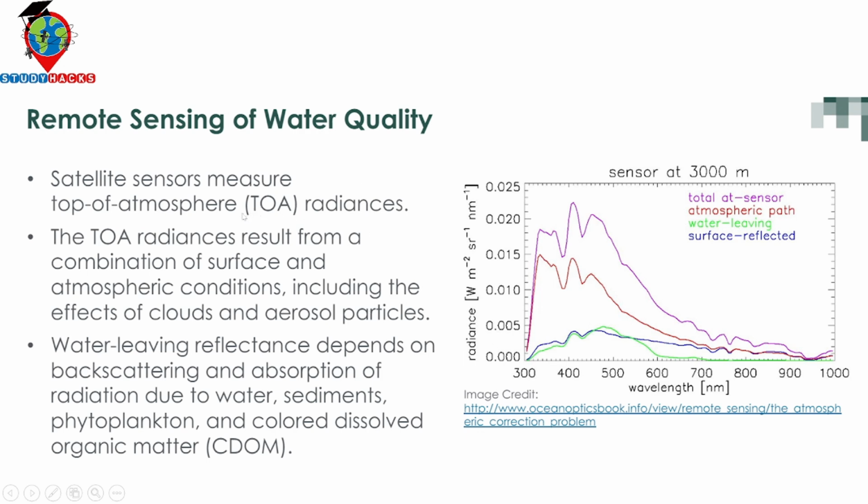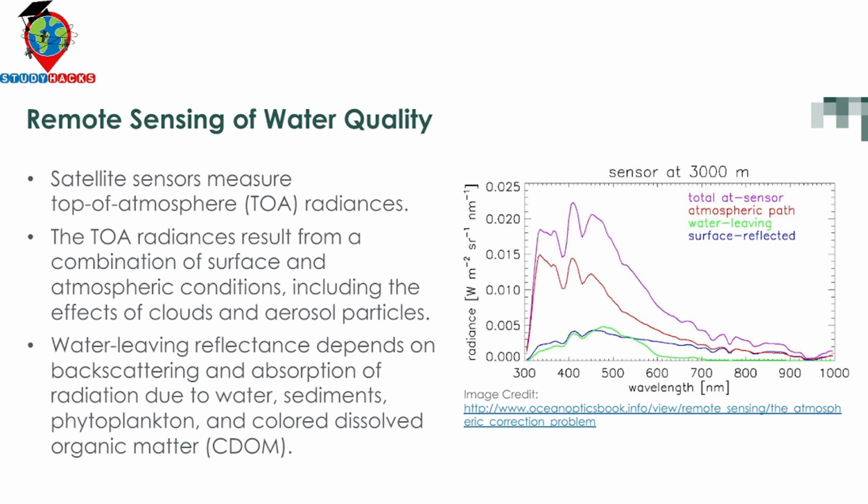When I show you the practical example, all the time we are using the top of atmosphere. This sensor is mainly a combination of atmospheric conditions, including the effect of clouds and aerosol particles.